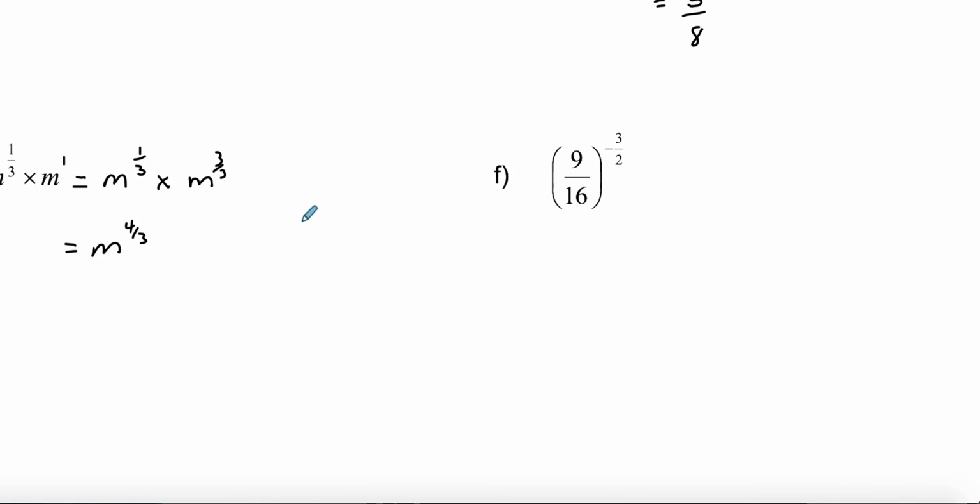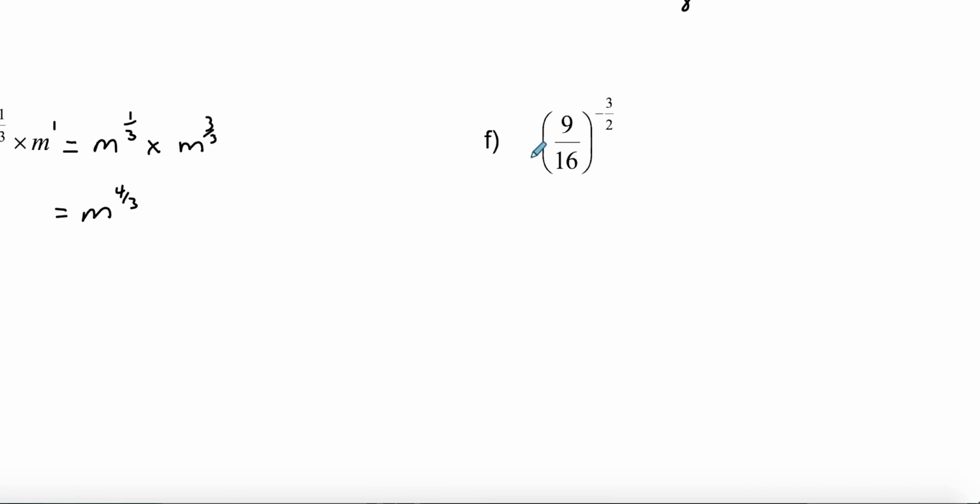And then the last one is 9 over 16 to the negative 3 over 2. Okay, I see the negative exponent right away. I want to use the reciprocal of my fraction, and then my exponent becomes positive 3 over 2. I flip my fraction upside down. Now, this means the square root of 16 over 9 to the 3rd.